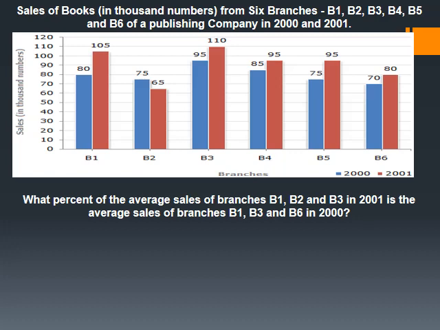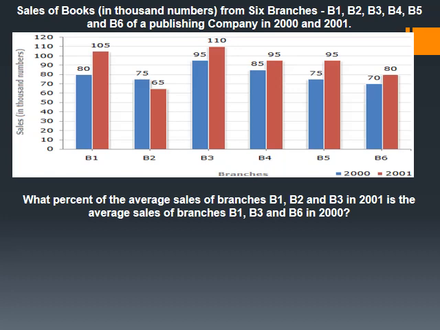Based on the same chart, we have one more question. What percent of the average sales of branches B1, B2, B3 in 2001 is the average sales of branches B1, B3 and B6 in 2000? So what percent is the average sales of these 3 branches in 2001 compared to the average sales of B1, B3 and B6 in 2000.